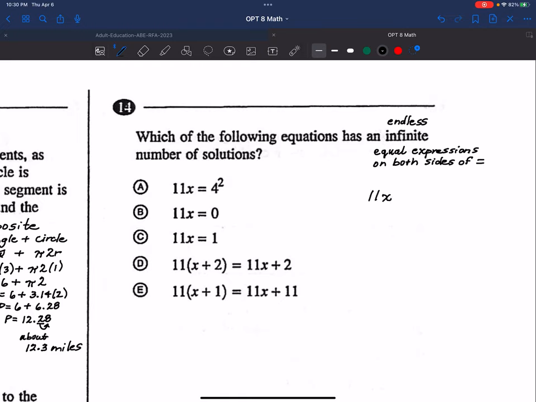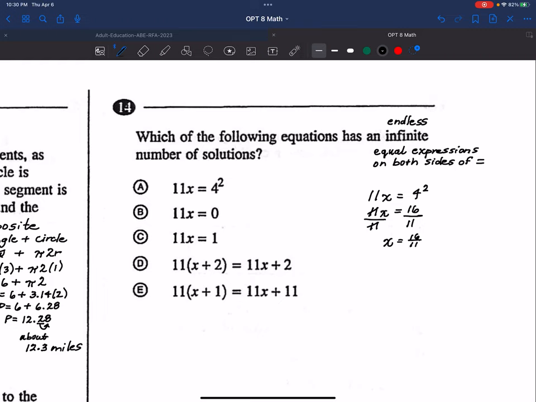11x equals 4 squared. Well, that means that 11x would equal 4 times 4, or 16. And that means that I could divide both sides by 11. And I get one solution here, 16 over 11.